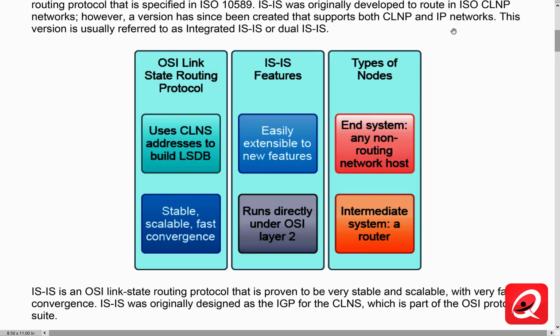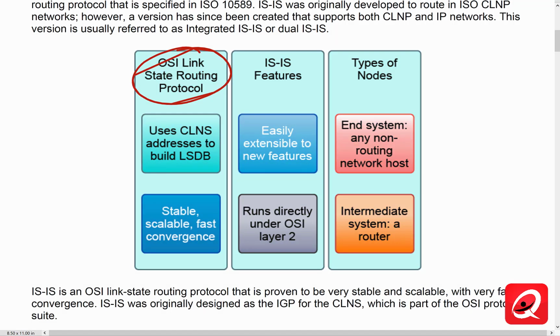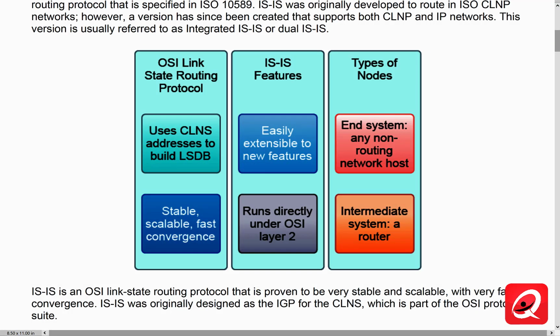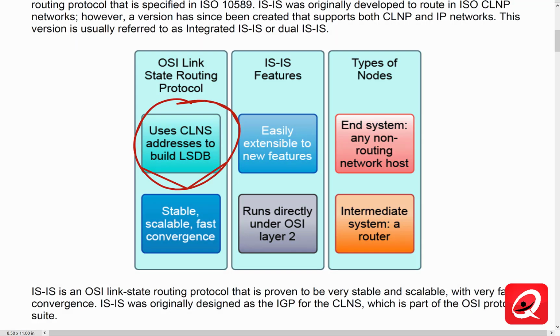Integrated ISIS means that we were able to run ISIS using an IP environment. All right. So if we look at the diagram here, we can see that it is a link state routing protocol. So it's going to have a lot of the same characteristics as OSPF in the data structures that it has, as well as the different message types that we use to support ISIS routing. It does use CLNS to build the link state database.